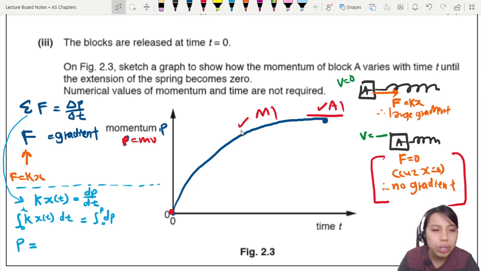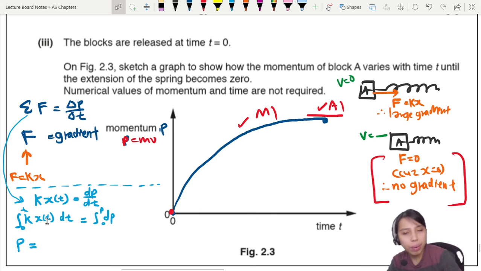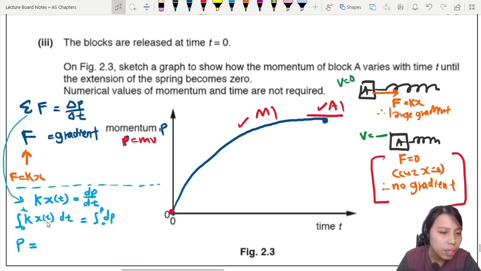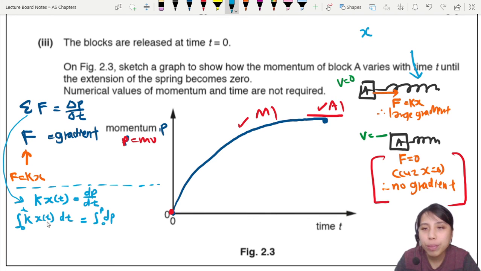Oh, wait, how to integrate kx(t)? Miss, what is the x here? Can integrate one? Okay, if you have learned A2, for an object on a spring like this, the displacement actually has a very interesting shape called the cosine and sine function. So displacement changes depending on the amplitude.